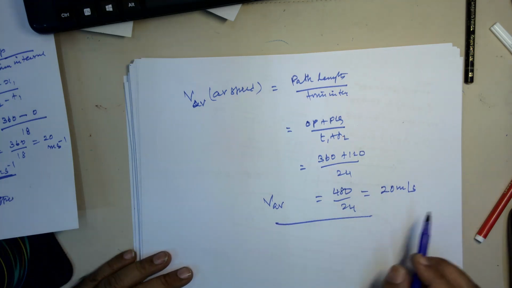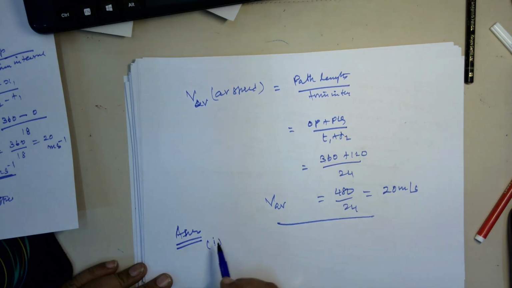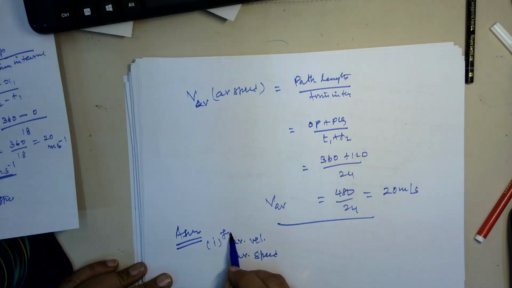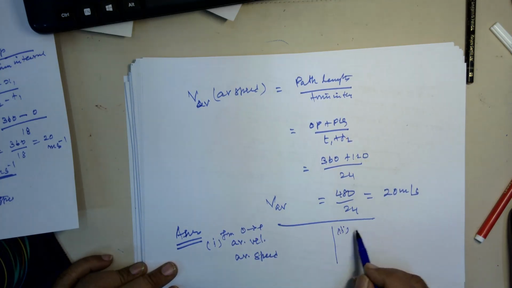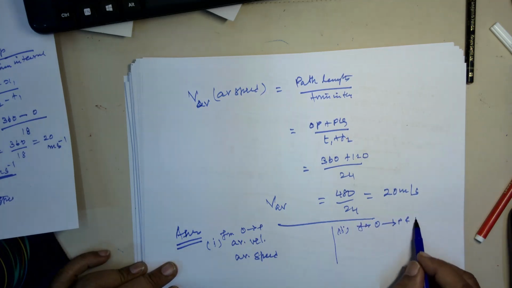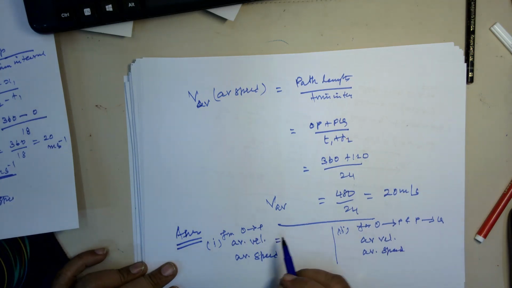Now you have to report the answer like this. Case 1, that is average velocity and average speed for O to P, and case 2 for the movement of the car from O to P and return from P to Q. So what is the first answer?